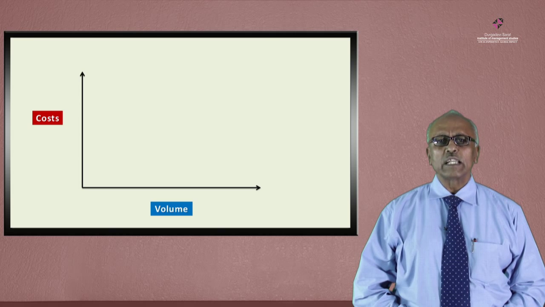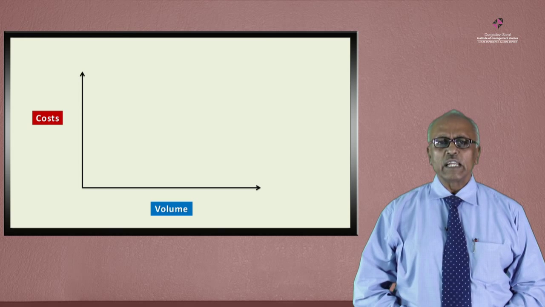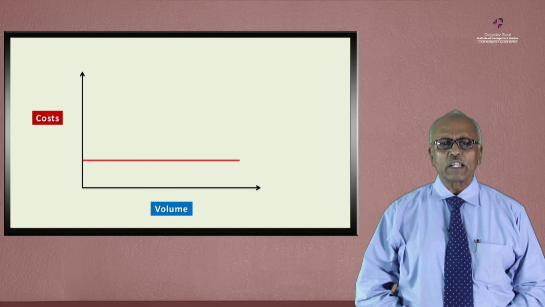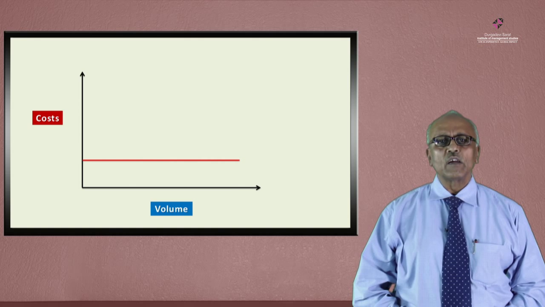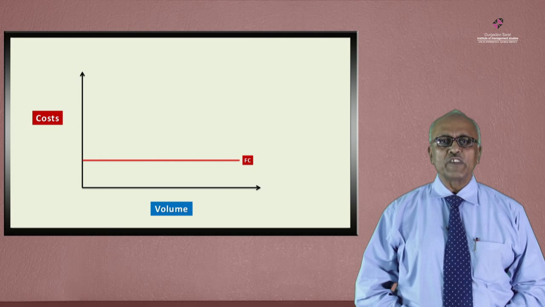So, if you are setting up a unit, let us say for a manufacturing capacity of 5 million units, then the fixed costs, which is the investment that you make in the plant, building, machinery and so on, will remain constant for these 5 million units. So, the fixed cost line, therefore, is depicted as a horizontal line parallel to the x-axis and is denoted by the term FC.